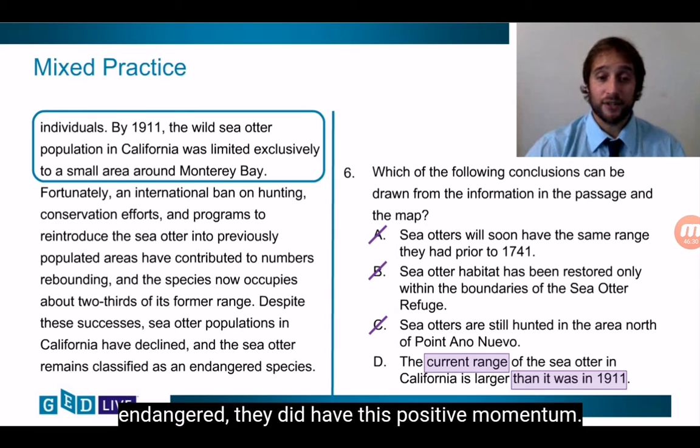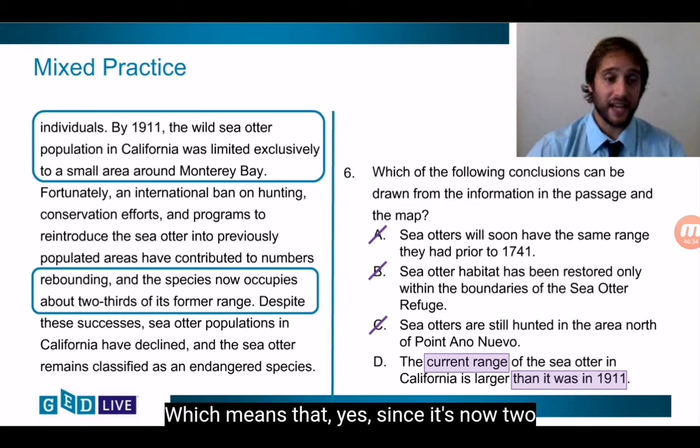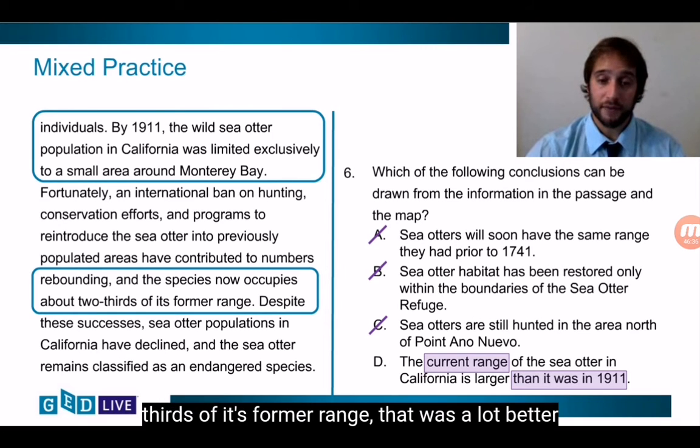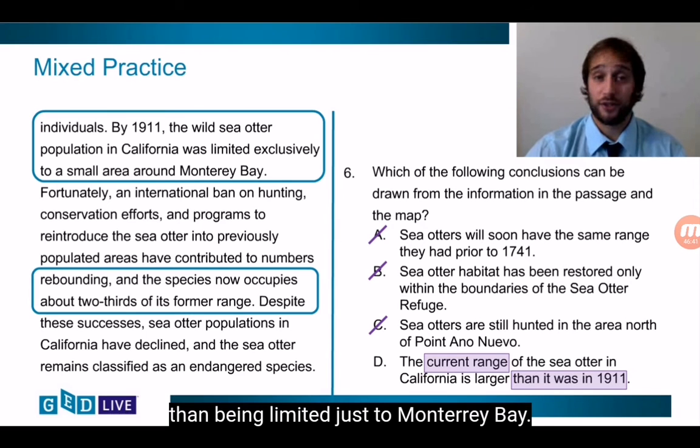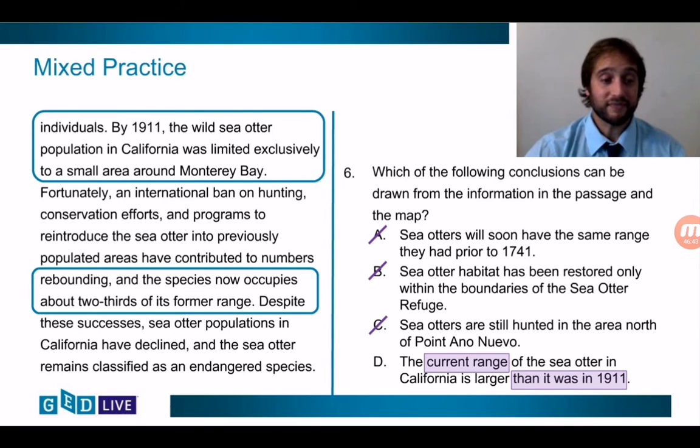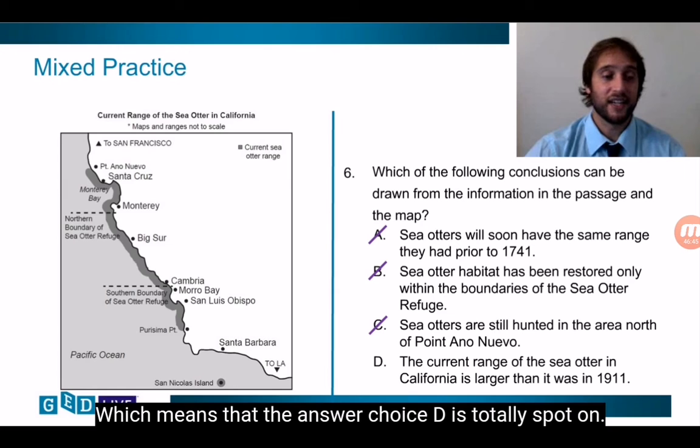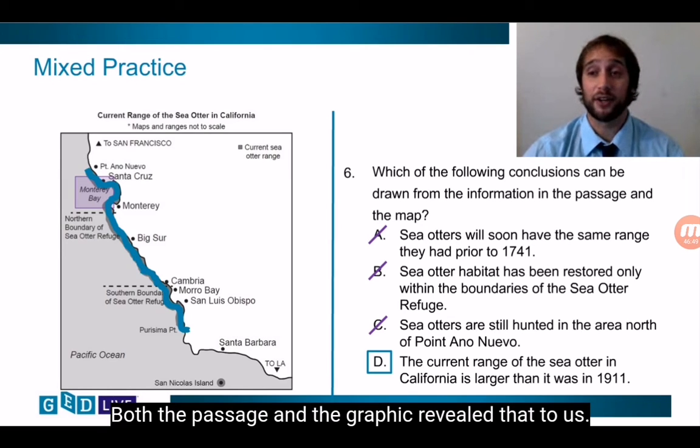Even though they're still endangered, they did have this positive momentum, which means that since it's now 2/3 of its former range, that was a lot better than being limited just to Monterey Bay, which means that answer choice D is totally spot on. And both the passage and the graphic reveal that to us.